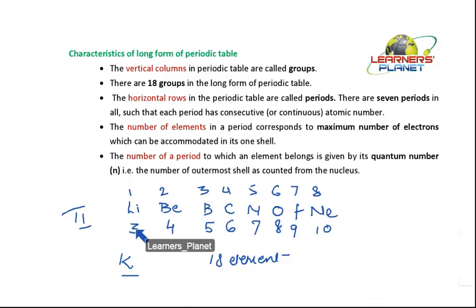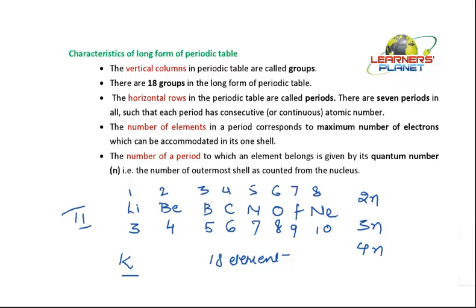This can be indicated by the quantum number n, or I can write it as 2n. Likewise, for the sodium group, it would be 3n. Potassium, 4n. What does this mean? That 2 is the outermost shell counted from the nucleus.